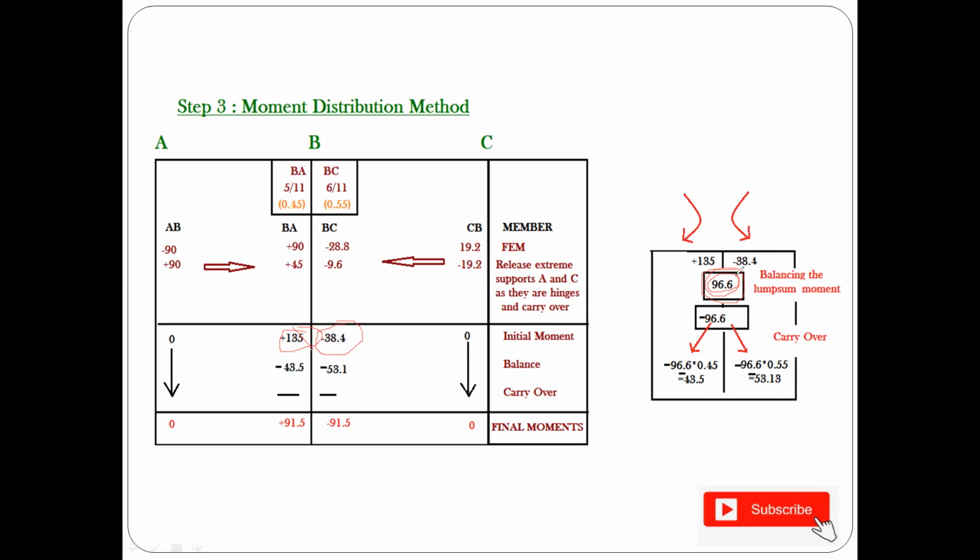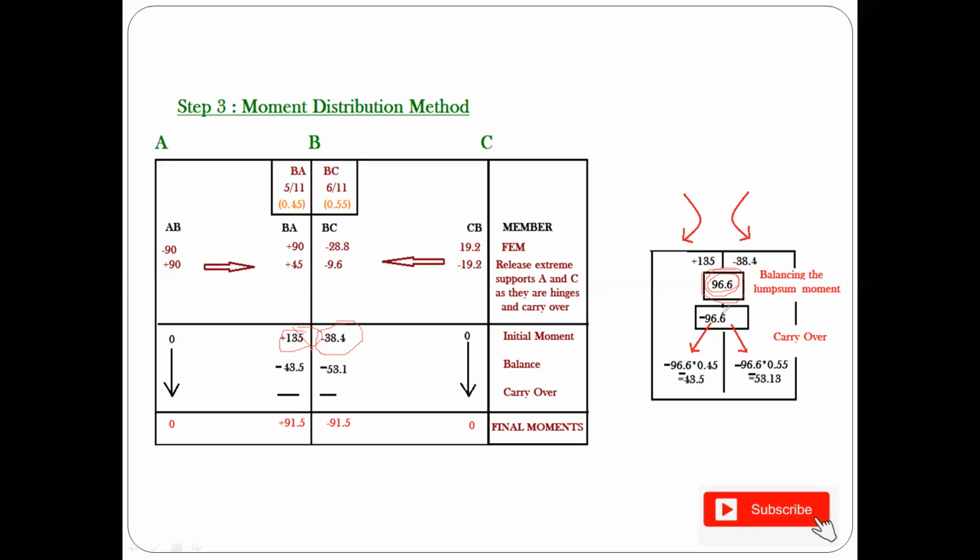And we know that as per the problem, joint B is an intermediate joint and it should have a net moment equal to 0. So to make it equal and opposite, that is BA and BC should be equal and opposite, if it is having 96.6 as a lump sum moment, you take that 96.6 from the junction B, that is you're subtracting 96.6 from plus 96.6, so that minus 96.6 and plus 96.6 will ultimately be equal to 0.